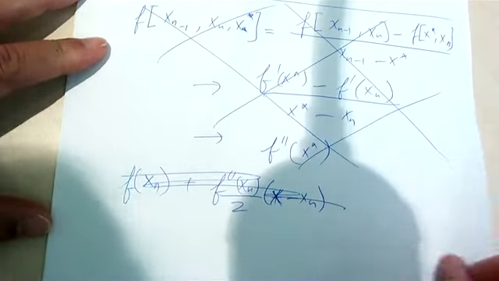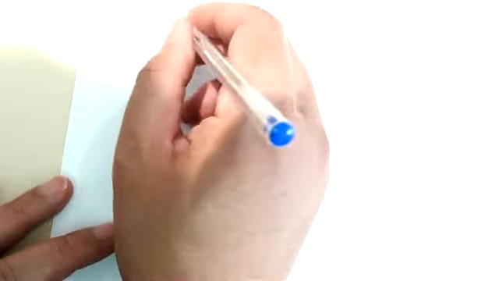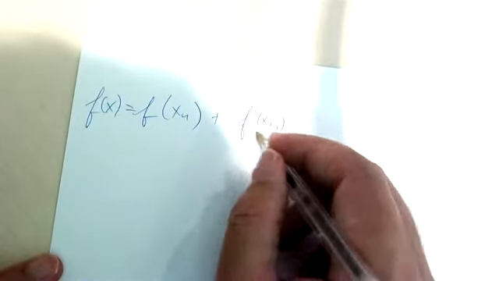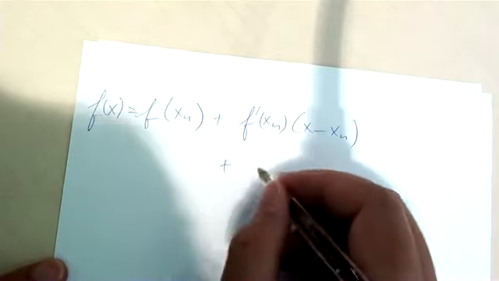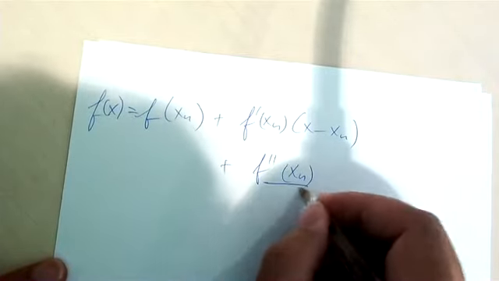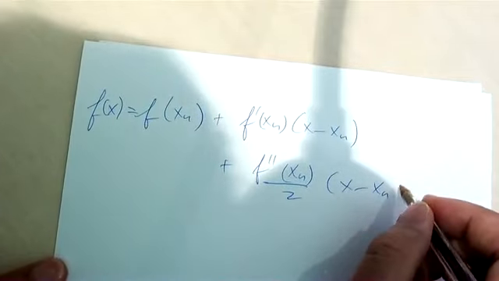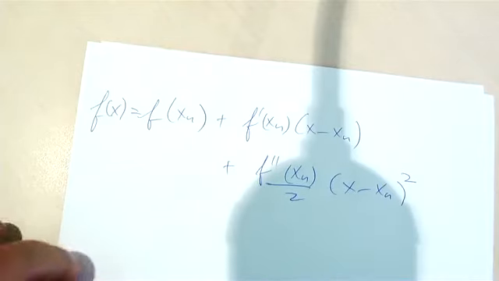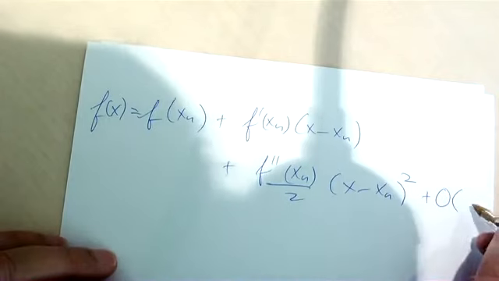Sorry, maybe go back to the Taylor polynomial. Suppose you have f of x here, equal to f of xn plus f prime xn times x minus xn plus f double prime xn over 2 times x minus xn square, right? And now plus some higher order terms.